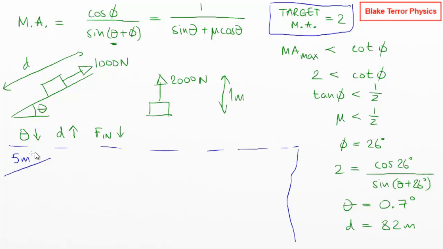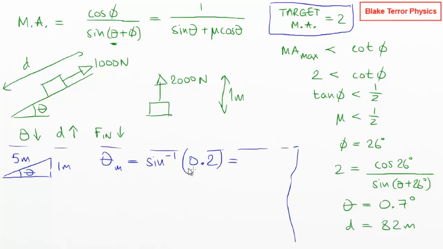Now it's a long plank, but that is giving us a limitation here, because that's giving us a minimum value on our angle of the slope. So the most we can reduce theta by is when we've got this setup of 1 meter by 5 meters. So theta min is going to be inverse sine of 1 over 5, or 0.2.